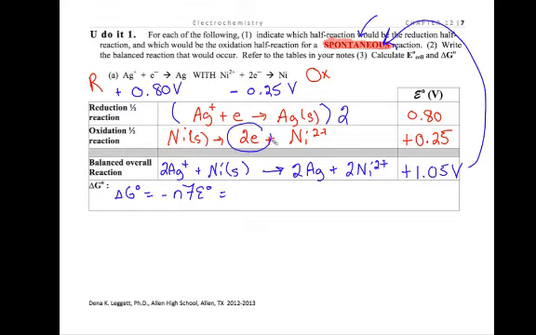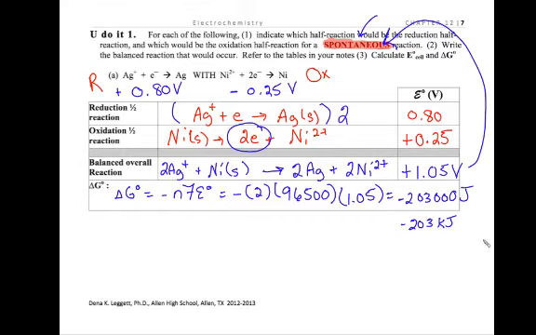We exchange 2 electrons, so that's minus 2 times Faraday's constant, 96,500, times our E0, 1.05, and I get negative 203,000 joules, or a negative 203 kilojoules. Again, a negative delta G is spontaneous, so further confirmation that we set this up correctly.